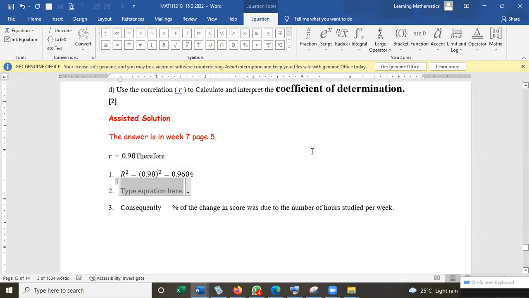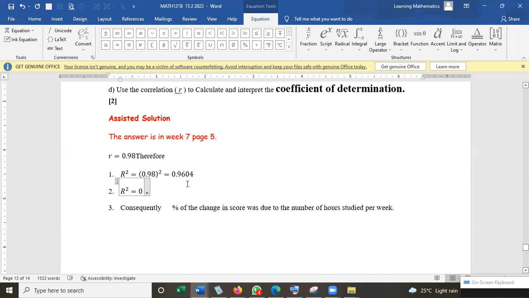So the coefficient of determination is equal to, now you have to multiply that 0.96 by 100% to convert it to a percentage. We have calculated R squared already, that's the value, 0.96.